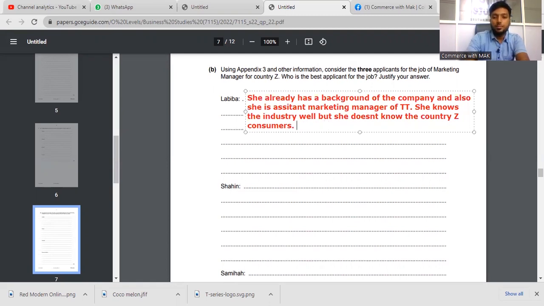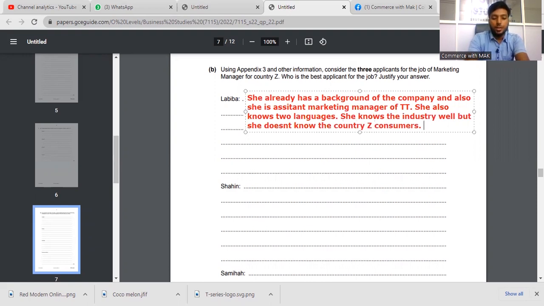You can also write another advantage, she also knows 2 languages. She knows the industry well, but she doesn't know the country and consumers.